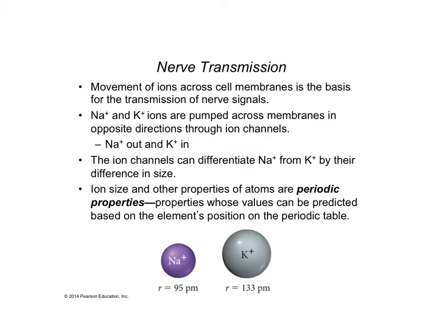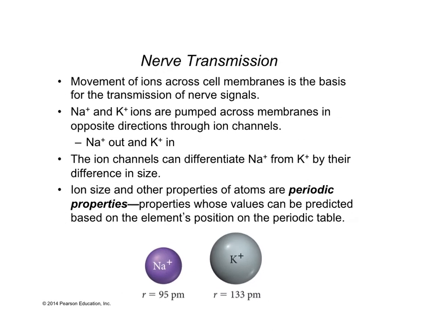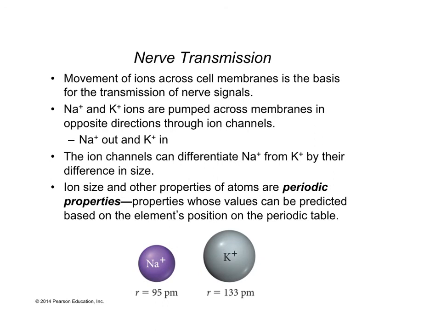So what is a real life situation where periodic trends would be important? If you're taking biology or anatomy and physiology, you should know that part of the nerve signals we get in our body are due to the presence of potassium as well as sodium ions, right?